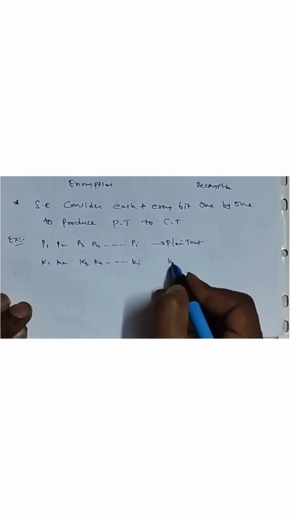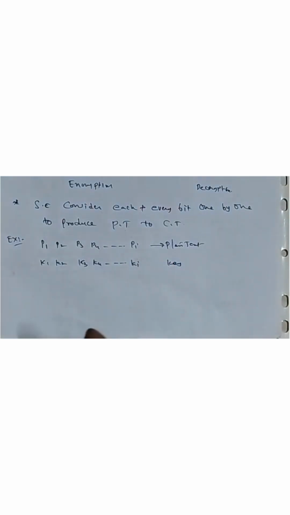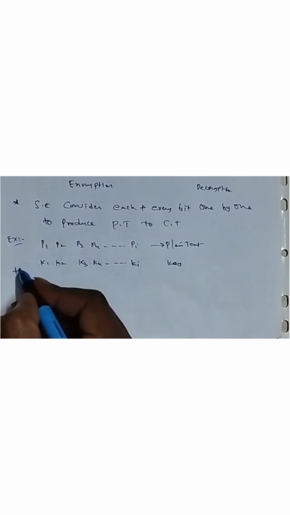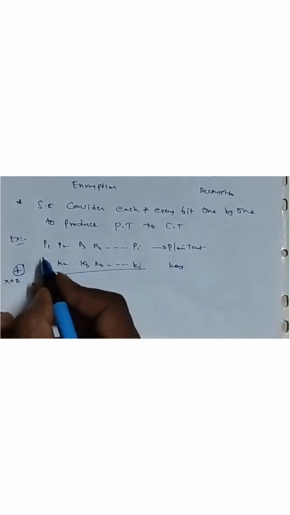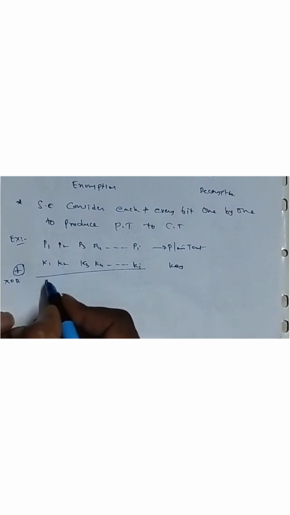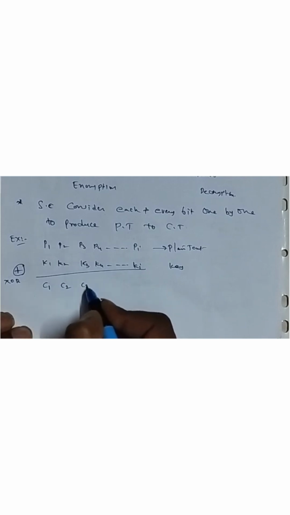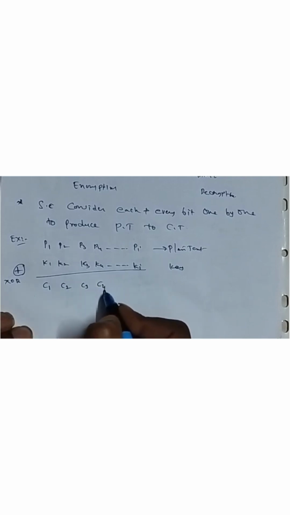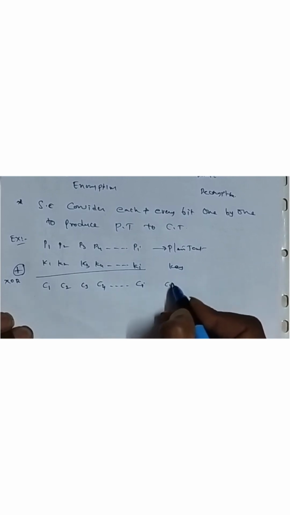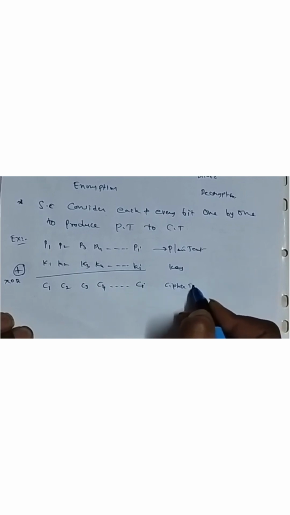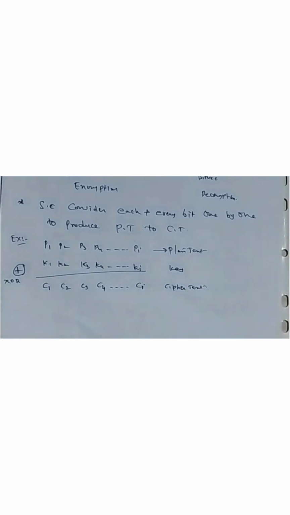Here we are performing the XOR operation. What is the result? P1 XOR K1 is ciphertext 1, then ciphertext 2, ciphertext 3, 4 and up to Ci. It is the ciphertext.